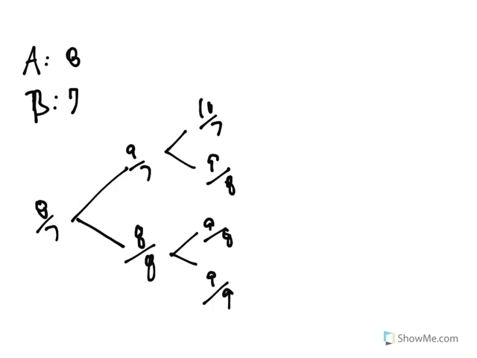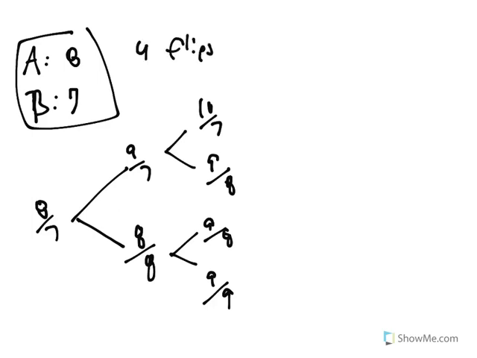Now, one thing I want you to notice is that when the score is 8-7, in the worst case scenario, the game is going to be over in 4 flips. 4 flips at most remain.